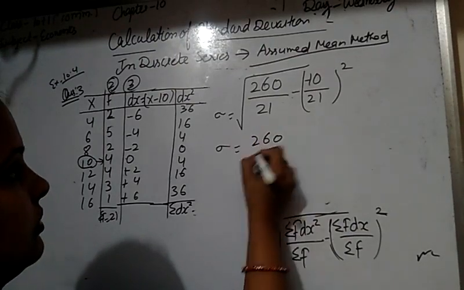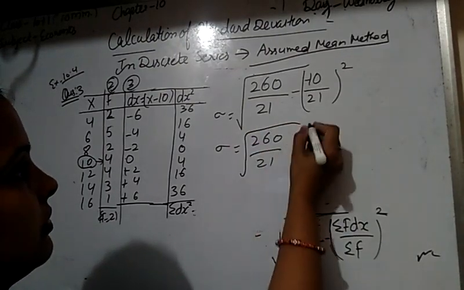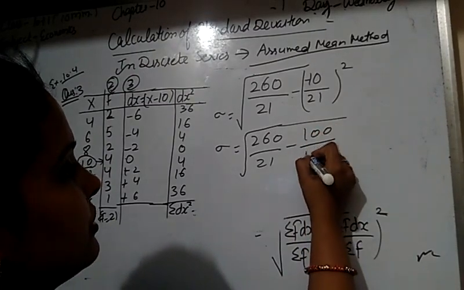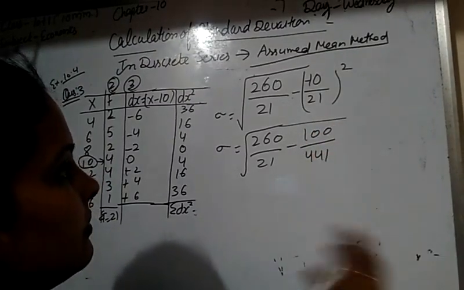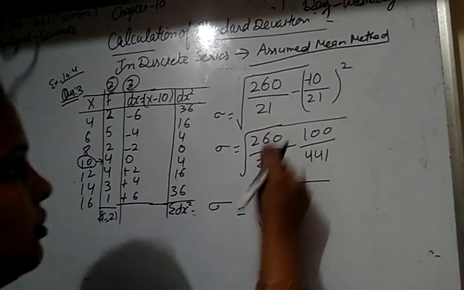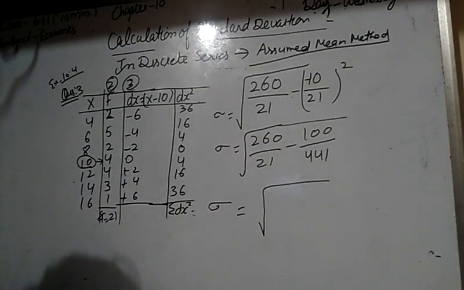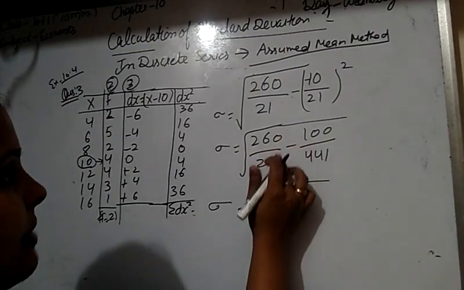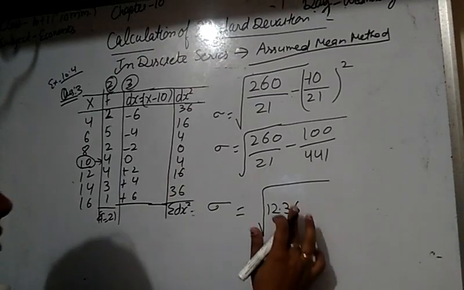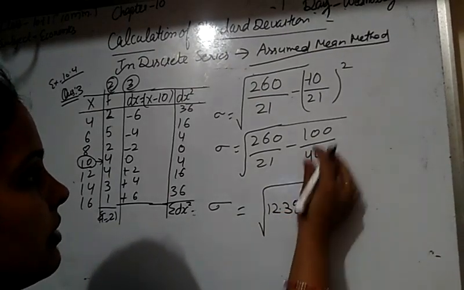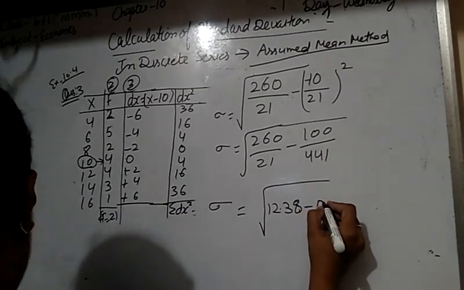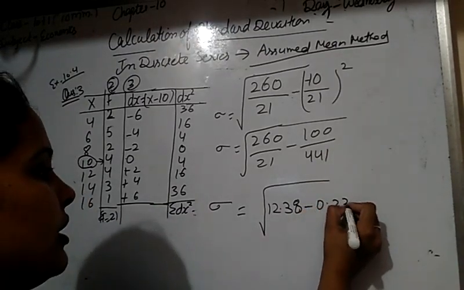So 100 by 441. Now we divide these. 260 by 21 is 12.38, and when we divide 100 by 441, it is 0.22.